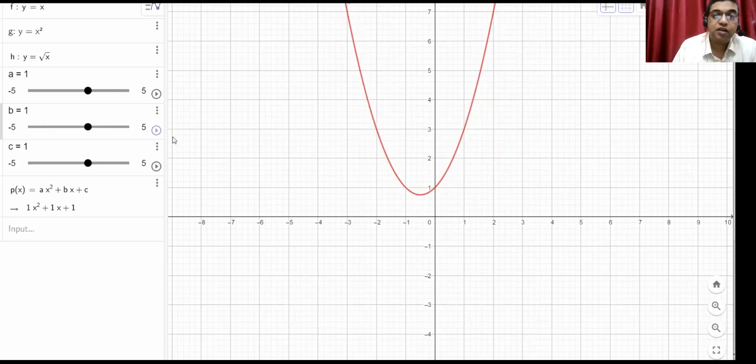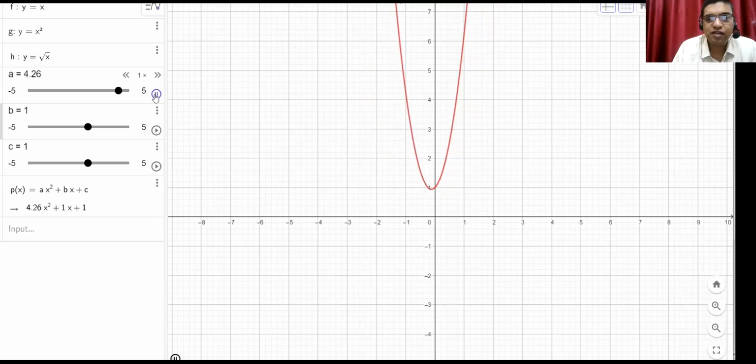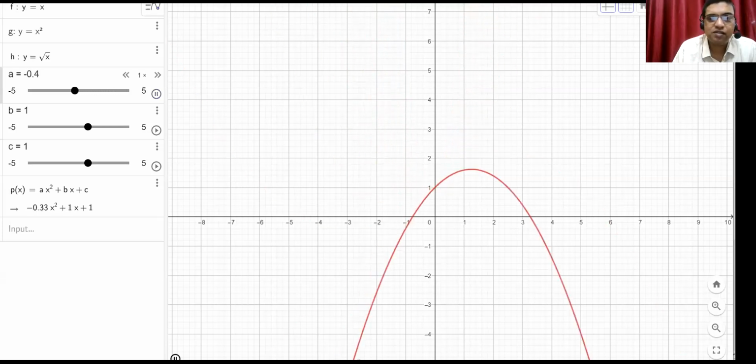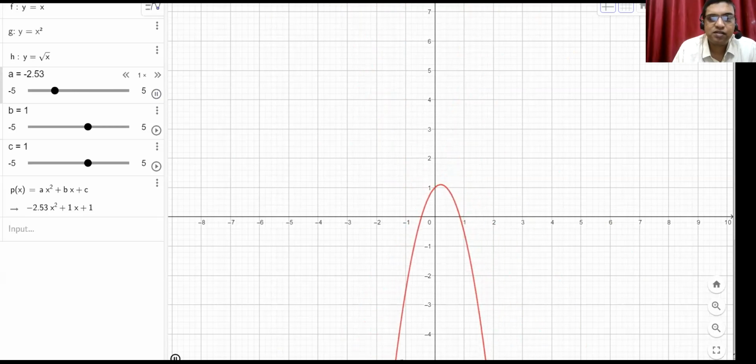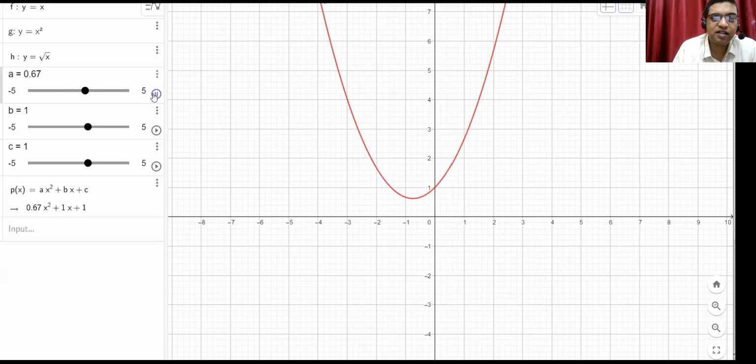b equal to 1. Let us see what happens if I change a. Very important. As I'm changing a, the width of the parabola is reducing. Now the parabola reversed its sign. Why? Because a is negative.